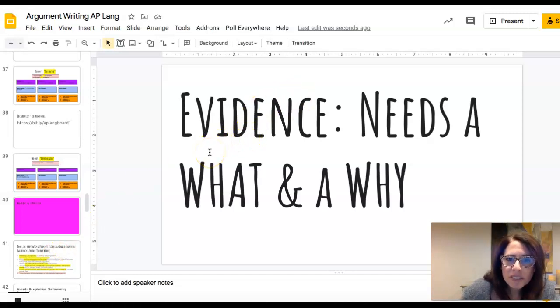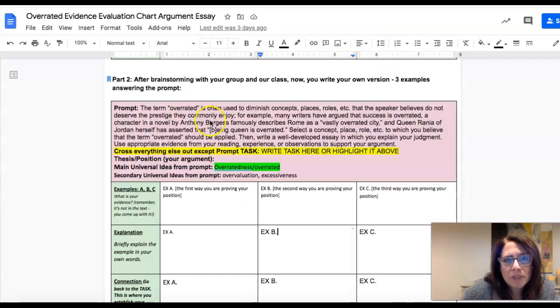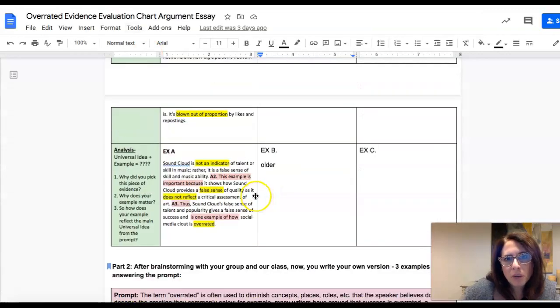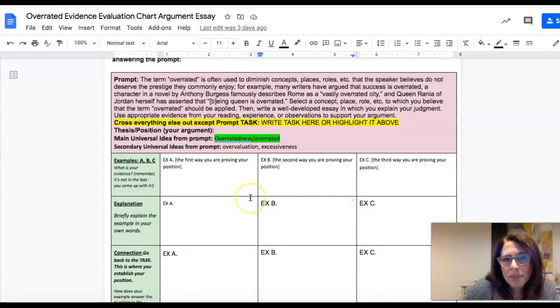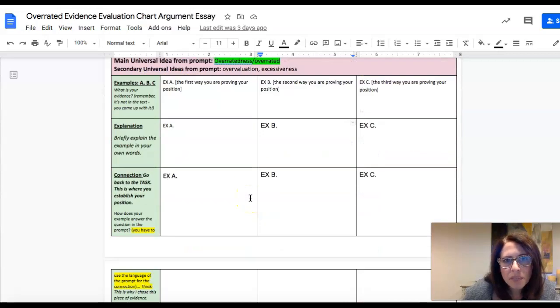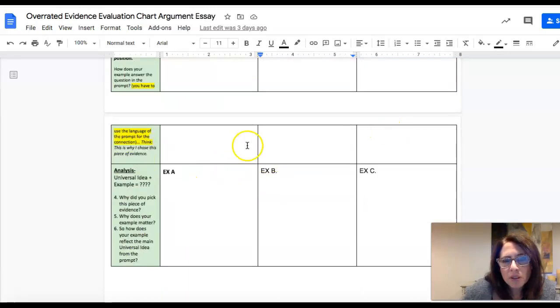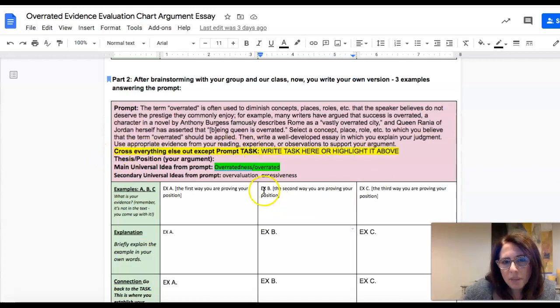Each piece of evidence needs a what and a why. So like I said, for the one that we did for the weekend, if it was social media, my what was SoundCloud, my why began with a because, right? And so you're doing the whole chart based on your thesis for overrated.